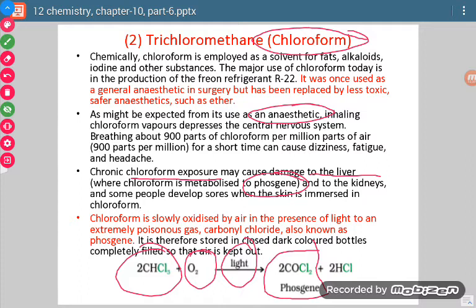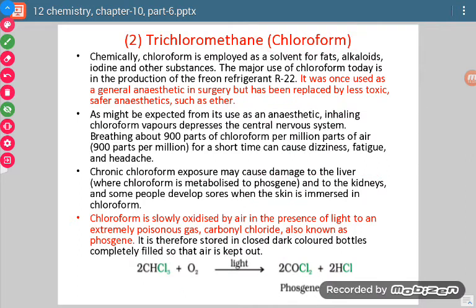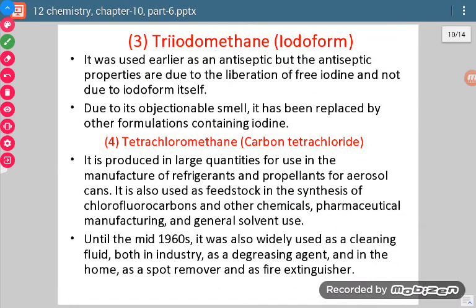First, it should be stored in dark bottles so that light does not enter. Second, it should be kept away from air, so the bottle should be filled up to the brim so that there is no air with which it can react.